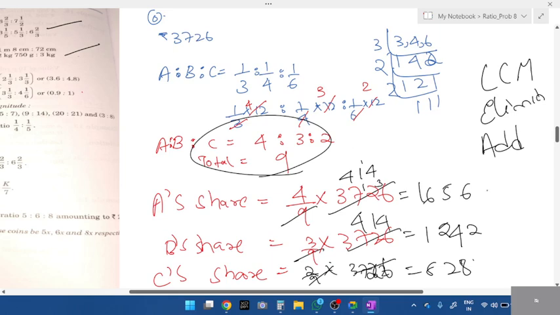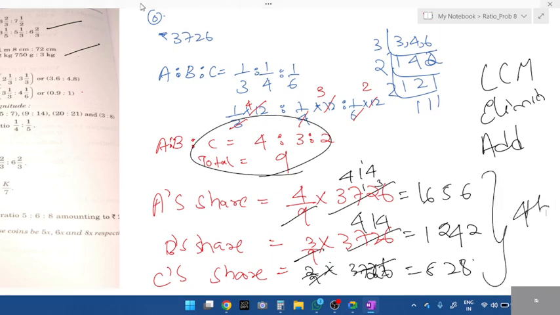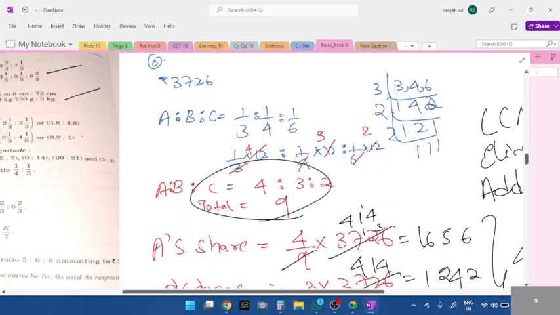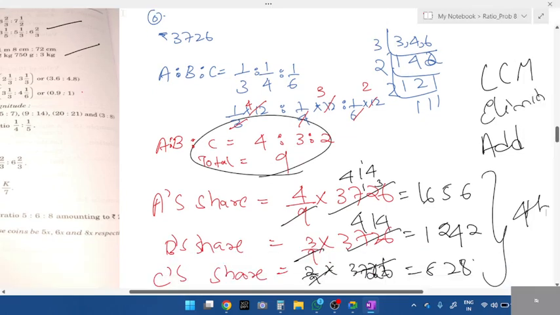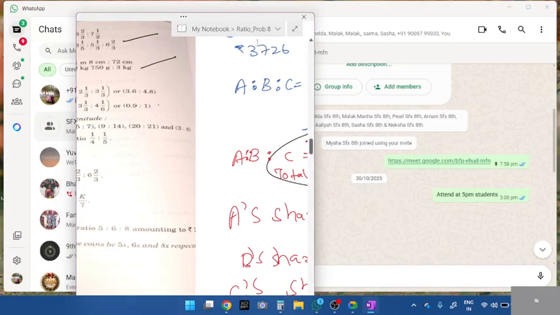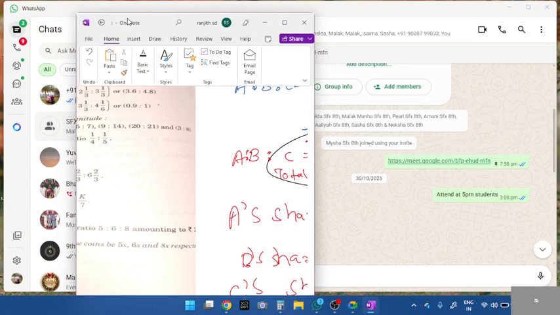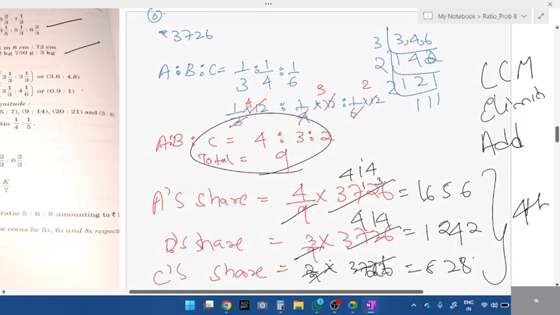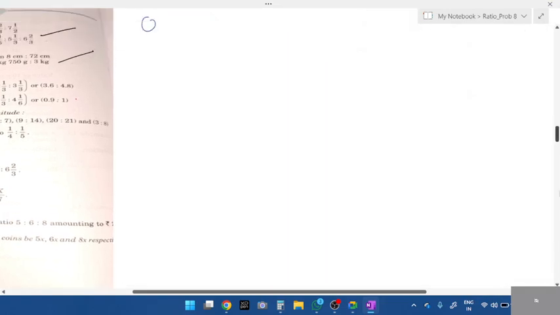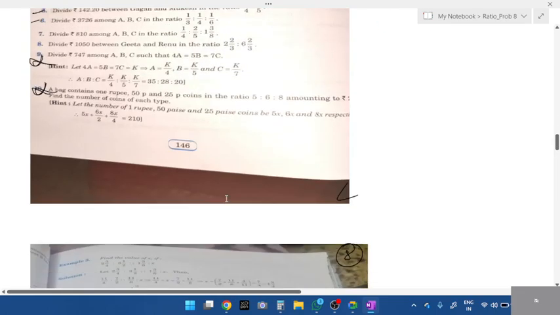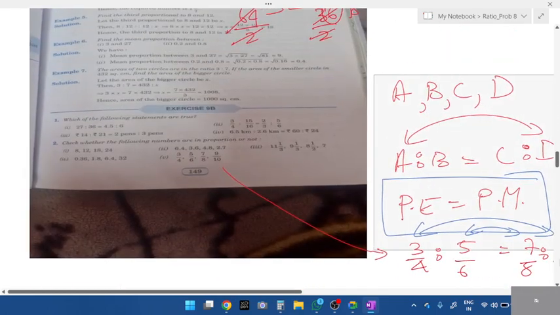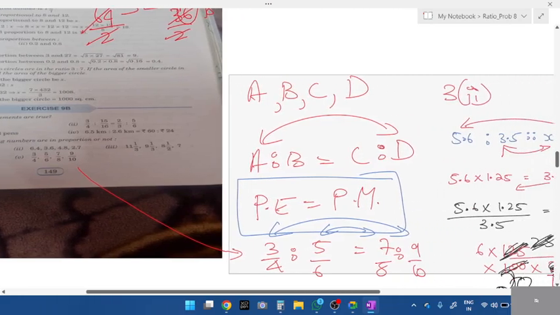After adding, this is the last step, fourth step: convert into fraction form. Okay, that's it. Ratio is all about this, students. Reduce, LCM. That's it. Next, proportion. Proportion is also the same. If you have understood ratio, proportion is also the same.